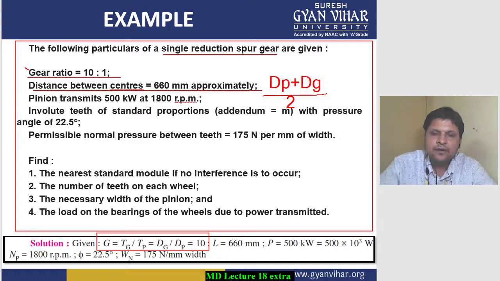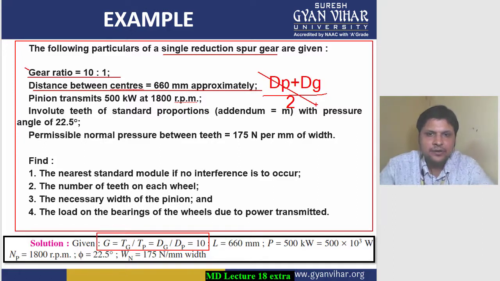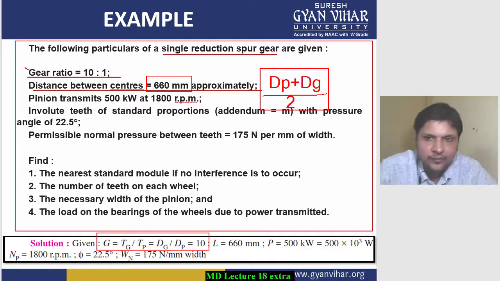This will give you the value of distance between the centers. So DG plus DP by 2 is given here in the question. It is 660, and the relation between DP and DG, diameter of pinion and gear, is obtained from this particular value.